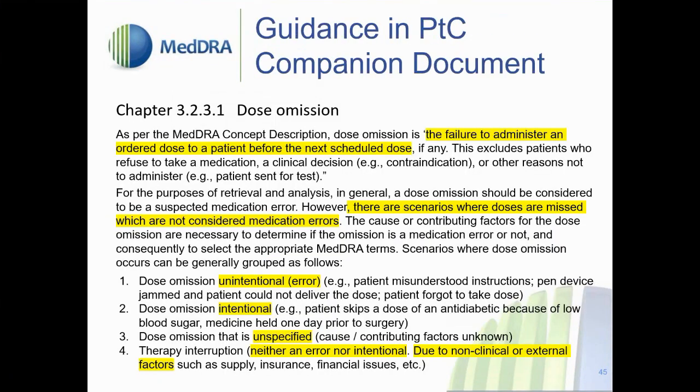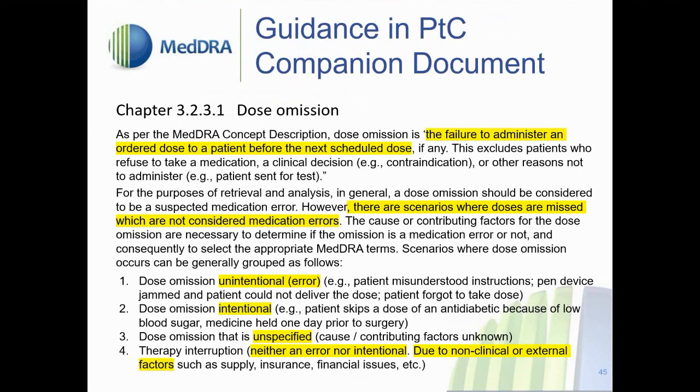The PTC companion document explains when to use LLT therapy interrupted or LLT temporary interruption of therapy in the chapter about dose omission classification. So first it is explained what is meant by dose omission, the failure to administer an ordered dose to a patient before the next scheduled dose, if any.